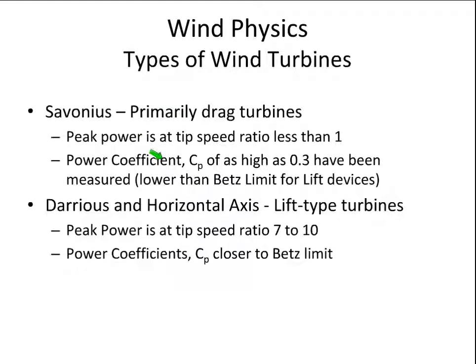They have seen power coefficients or efficiencies as high as 30%, but that's not very typical. You're typically in that 10% range, so they're not real efficient machines. Again, tip speed ratio of less than 1. For the Darrieus and horizontal axis turbines, we can see tip speed ratios of 7 to 10, and so we have efficiencies that are closer to the Betz limit.